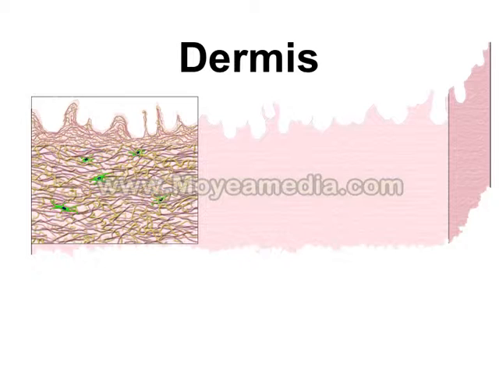The papillary dermis is noted extending into the rete ridge pattern, and below that the coarser bundles of the reticular dermis. Antigen-presenting dendritic cells, both a factor 13A positive population and a CD34 population, are noted within the dermis.